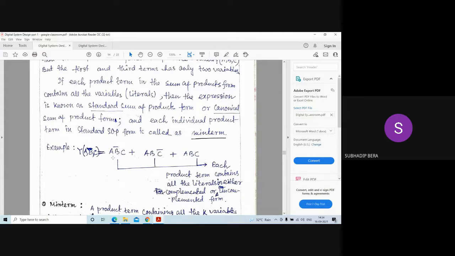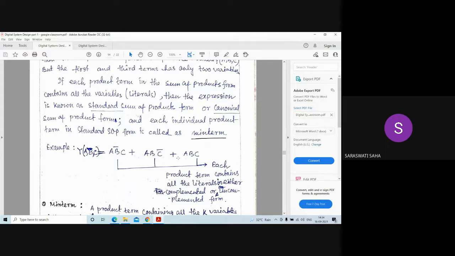Ma'am, 0. So for any input combination we put, whether 110 or 101, only one product term gives us 1 and the other product terms give us 0.